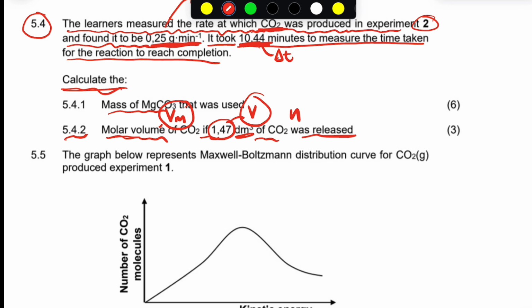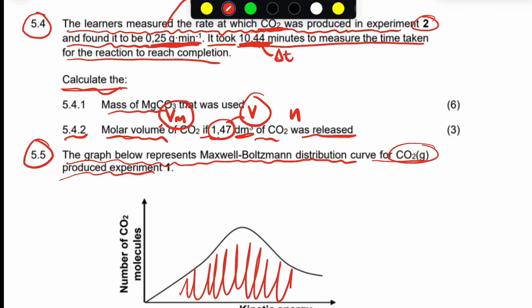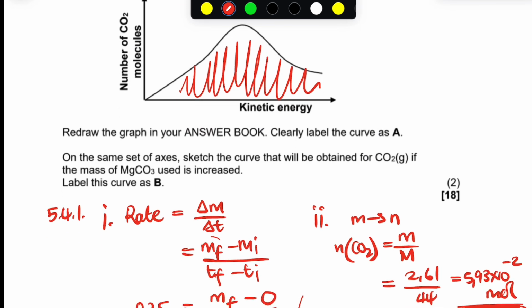Now, let's go to the next question, which is 5.5. It says the graph below is a Maxwell-Boltzmann distribution curve for the carbon dioxide produced in experiment 1. So these are the particles of the carbon dioxide that are produced, and this is the kinetic energy, right?